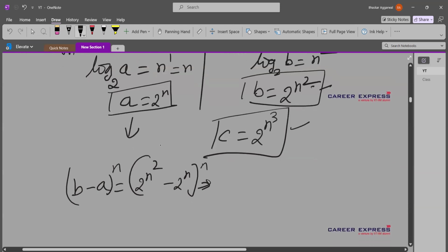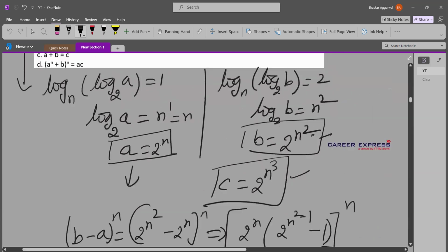So I can take 2 raised to n common. Then here it becomes 2 raised to n, square minus 1, and whole raised to n. So that is b minus a raised to n, that is the left hand side.